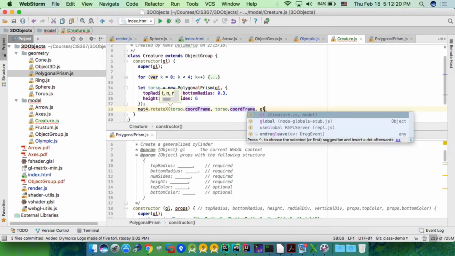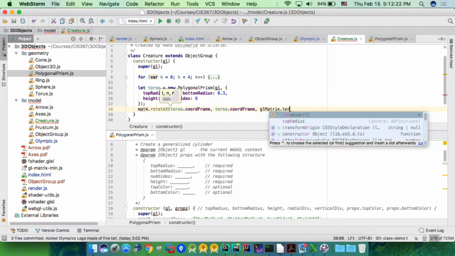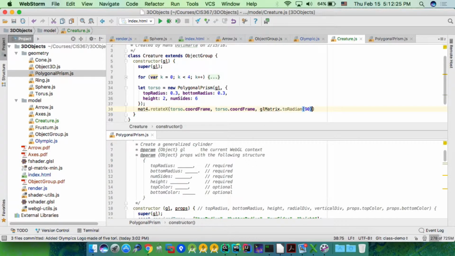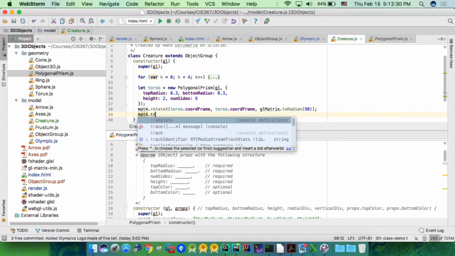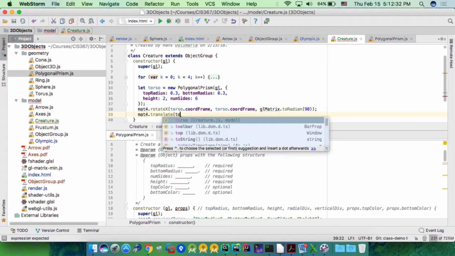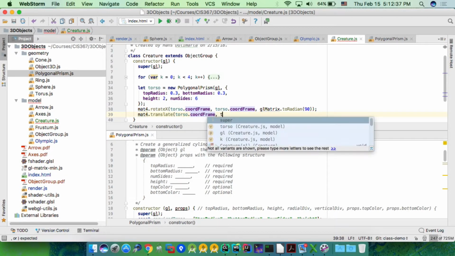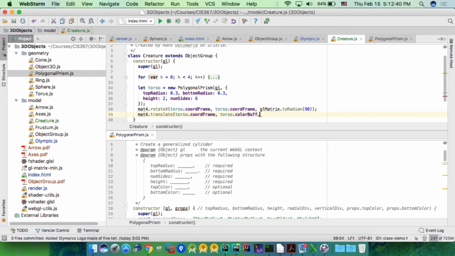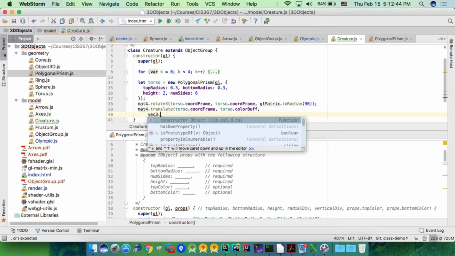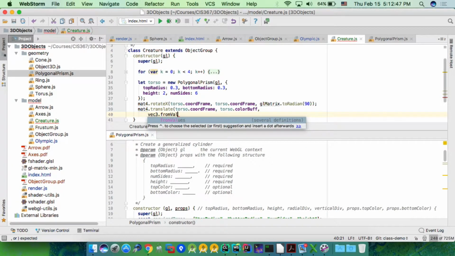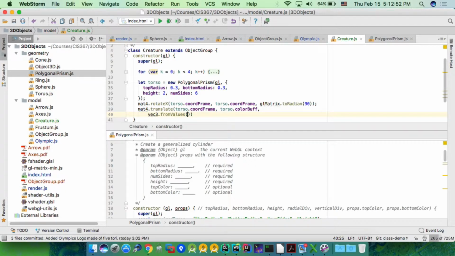And then the amount is GL matrix 2 radians, 90 degrees. Okay, and then after that, I'm going to translate torso coordinate frame. Oops. Torso coordinate frame, and then what is the amount? The amount will be vec3 from values, and this will be along the YZ plane. Okay, along the YZ plane.